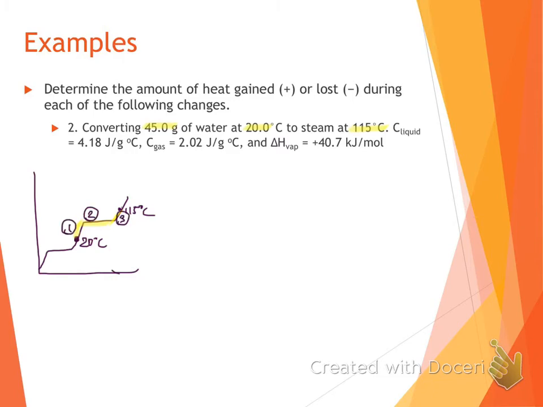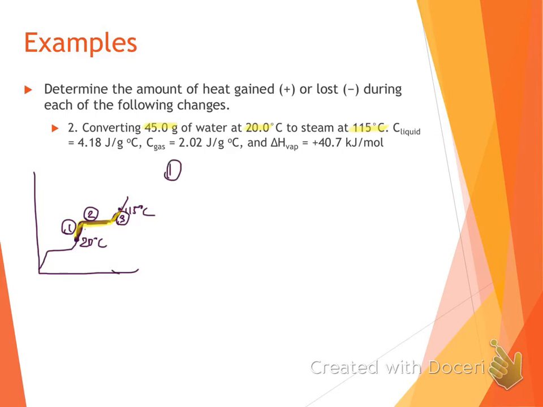We have 3 separate line segments where the first line segment is heating up our liquid water, the second line segment is the actual vaporization, and the third line segment is the heating of the gas. Again, each of those will require a different mathematical setup.